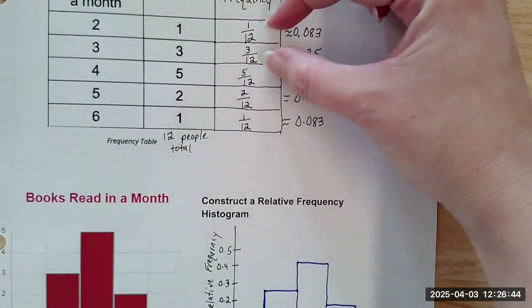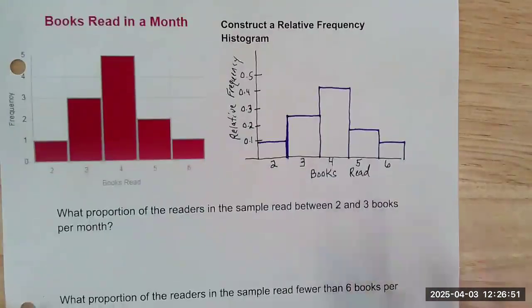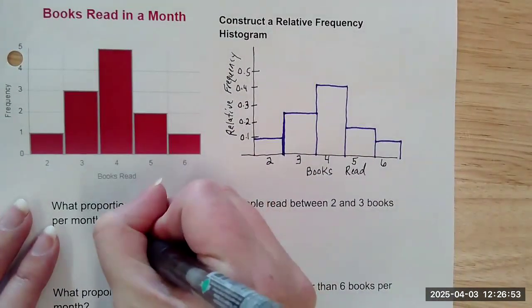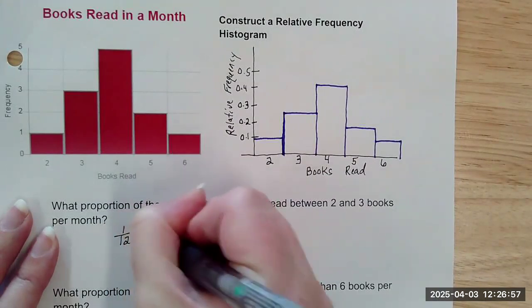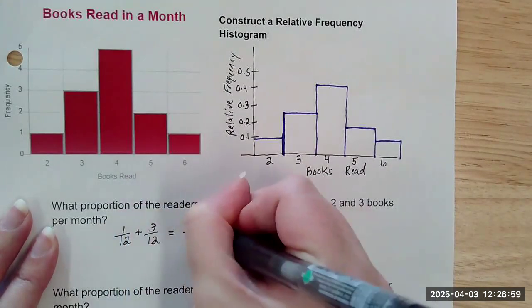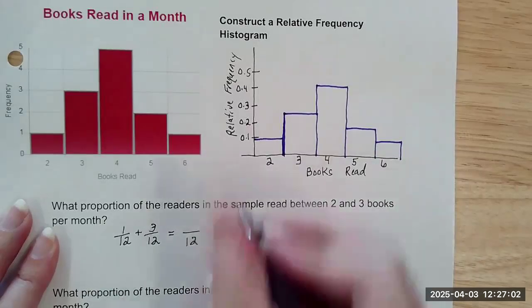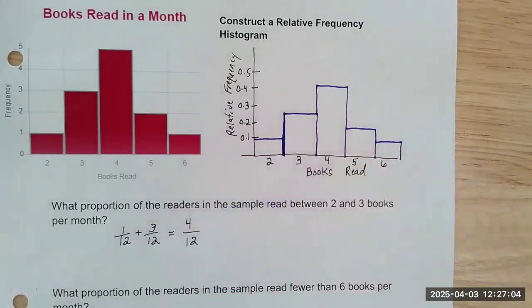The proportion is going to be 1/12 plus 3/12. Is that okay? So I'm going to say 1/12 plus 3/12. Since the denominators are the same, we just keep it 12 and then we add the numerator. So this is going to be 4/12.